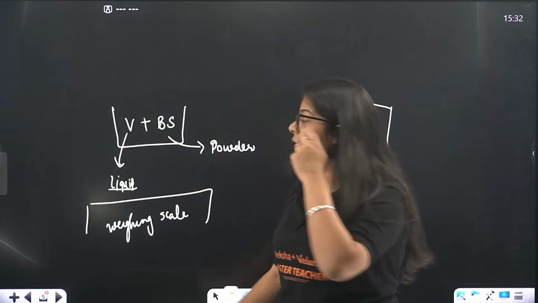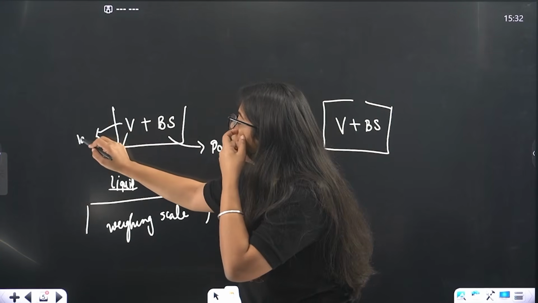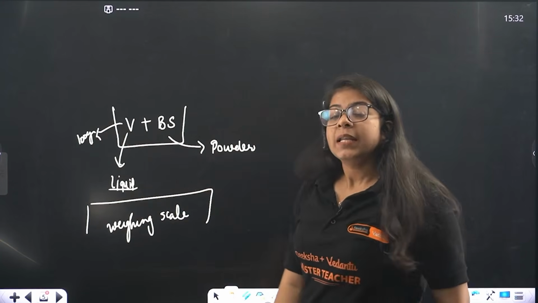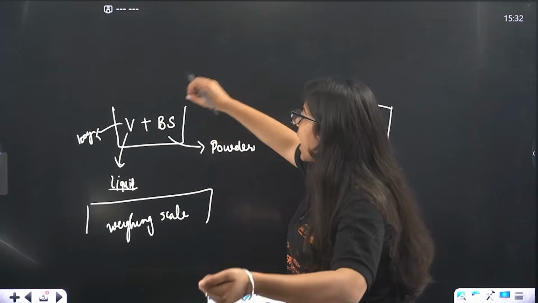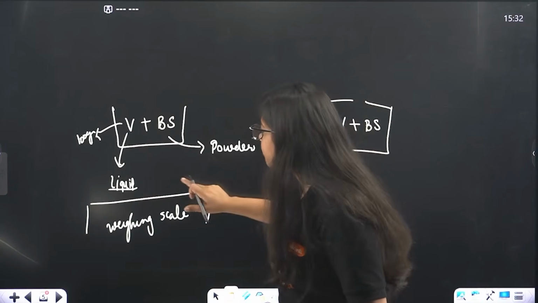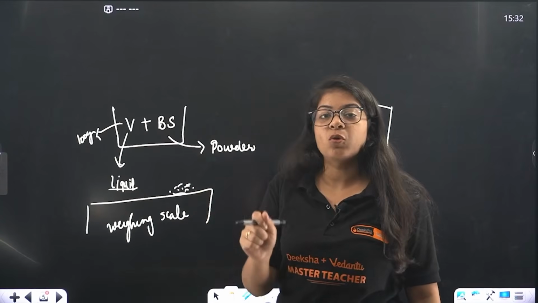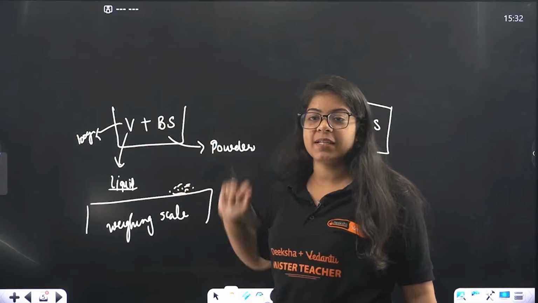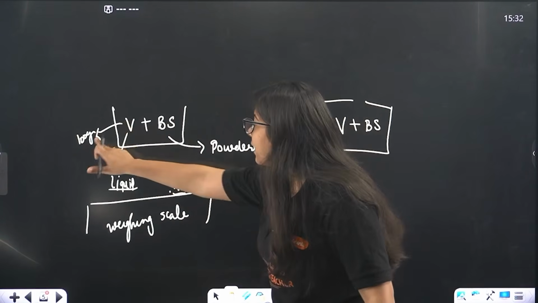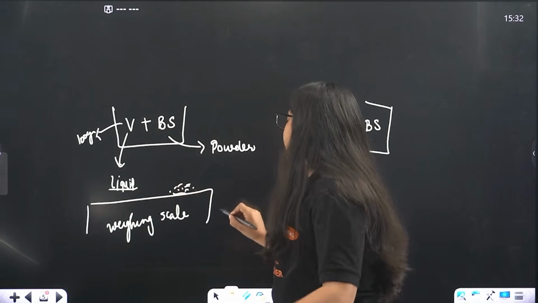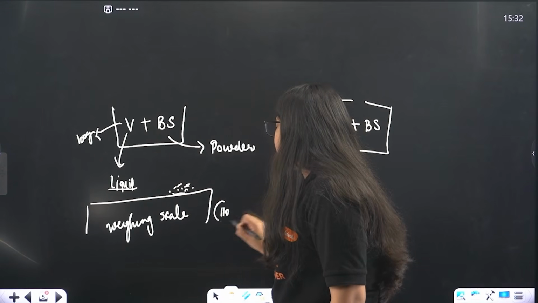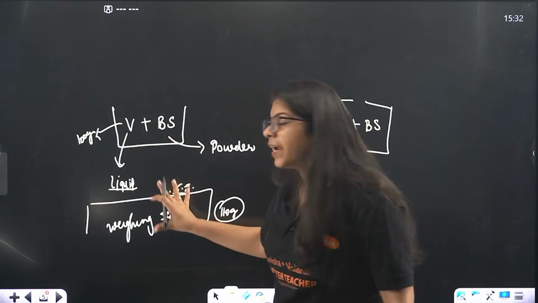Vinegar is, let's say, 100 gram. Now you take one spoon and add the baking soda here, or just place some baking soda on this scale. The same amount of baking soda that you are going to add inside this solution. Now this scale reads 100 gram plus, let's say, 10 gram of baking soda. So total 110 gram of weight is there.